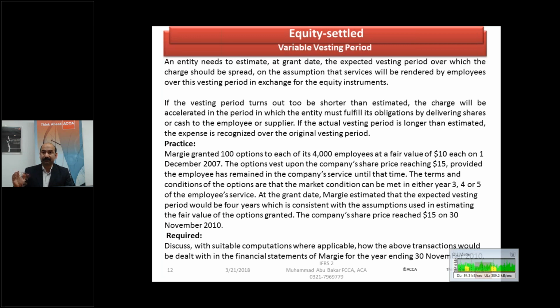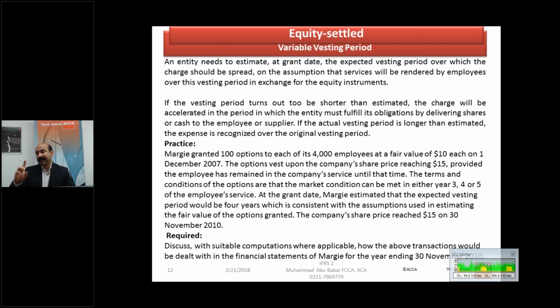The first year ends 30th November 2008, year 2 ends 30th November 2009, and 30th November 2010 is the third year. We estimated at the date of grant that this $15 will be achieved at the end of fourth year, whereas it is in fact achieved at the end of third year.